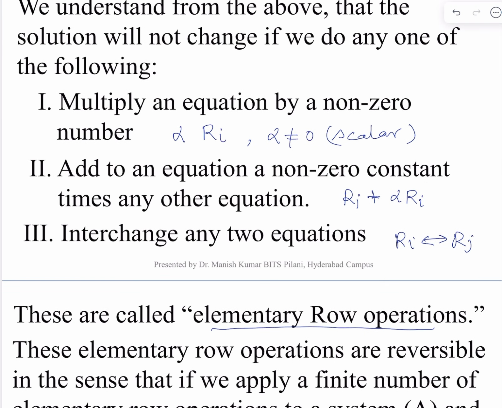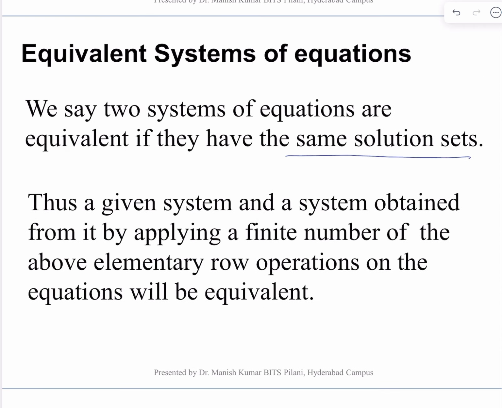The elementary row operations are: multiply any row by a non-zero constant, multiply any row and add to another row, and swap the rows. So three elementary row operations are important. After applying a finite number of elementary row operations, the system will be equivalent. So you will get another system of equations which is called equivalent, and in that case both solutions are the same.